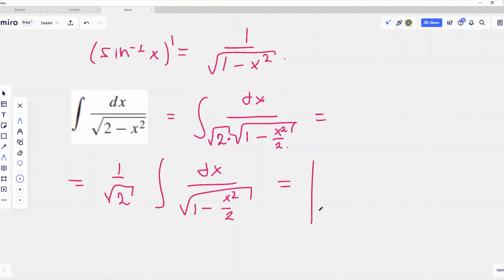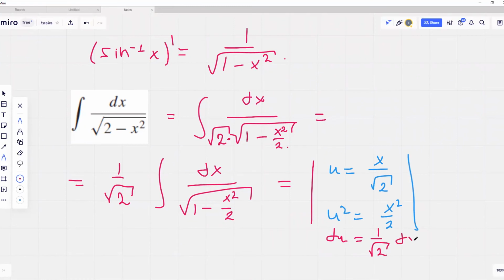Then applying the following substitution will do the trick. If we use u equal to x over the square root of 2, then u squared will be equal to x squared over 2, exactly what we need. Taking the derivative, du is equal to 1 over the square root of 2 dx.